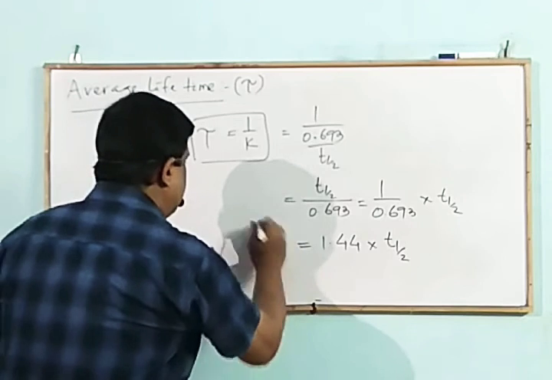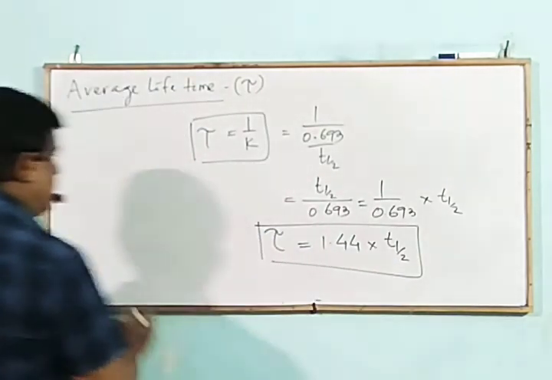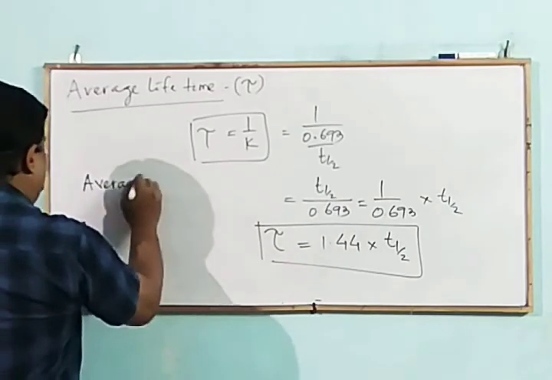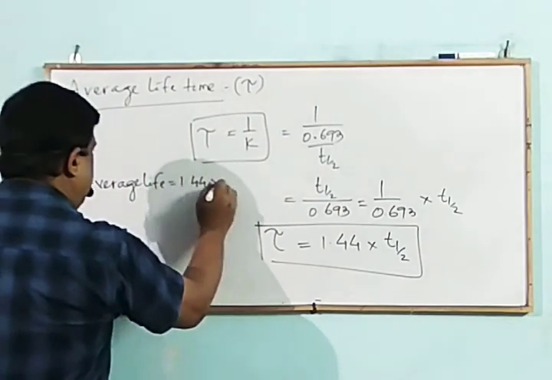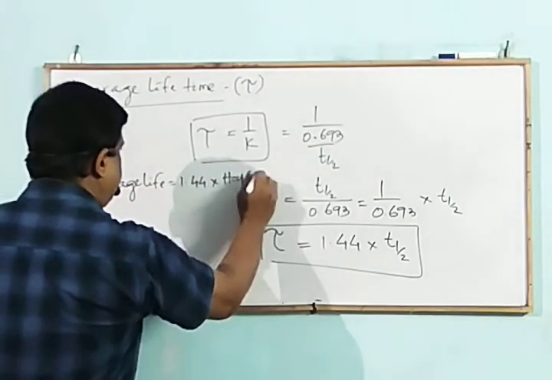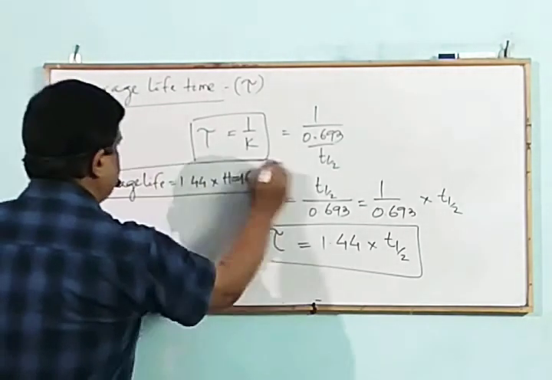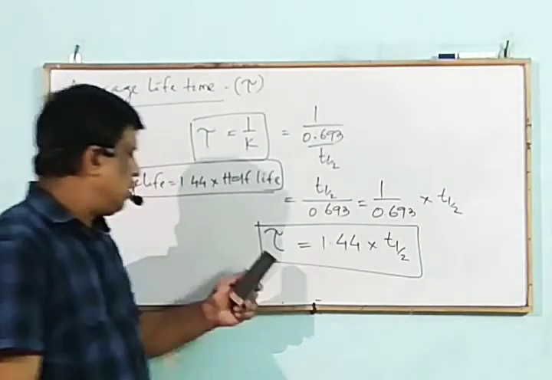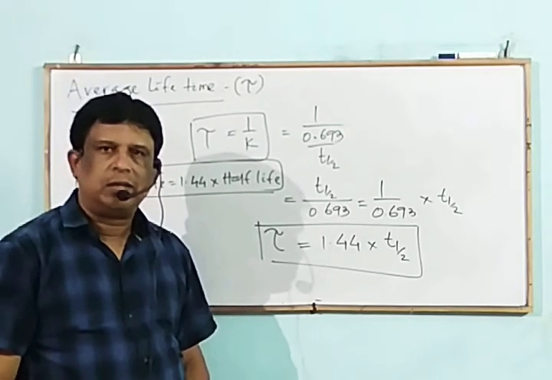So the relationship is that average life is equal to 1.44 into half life. This is the expression relating average life and half life for first order kinetics.